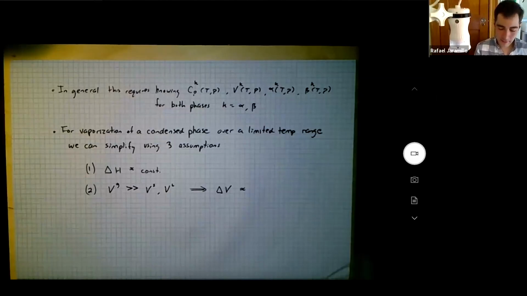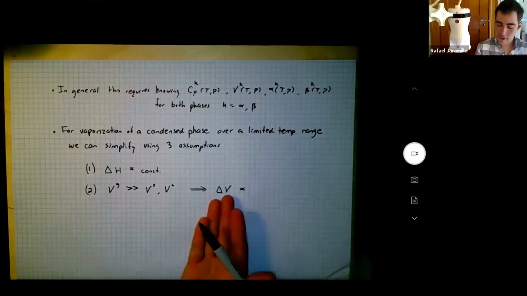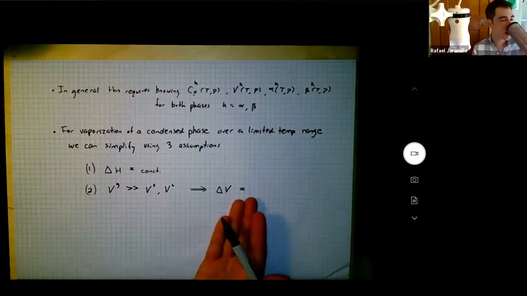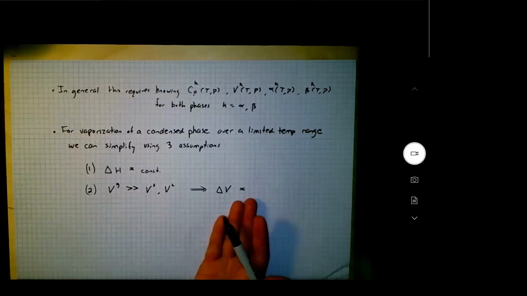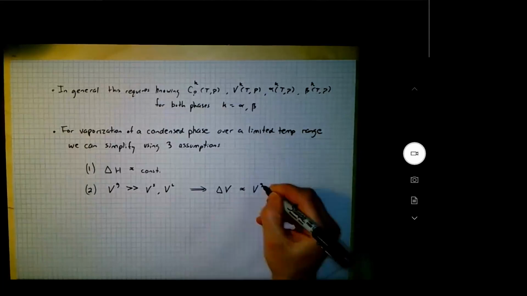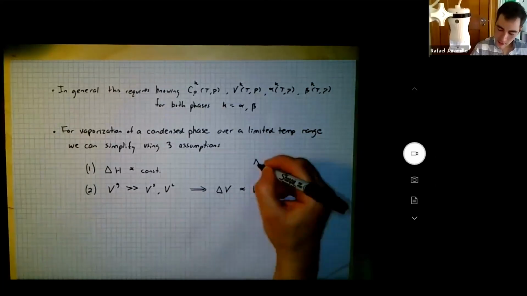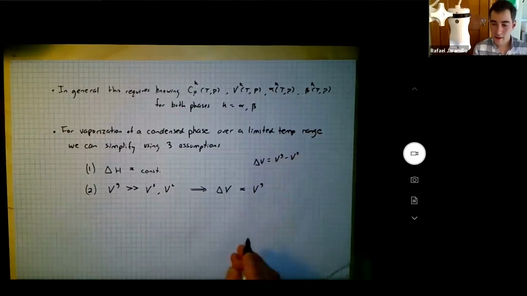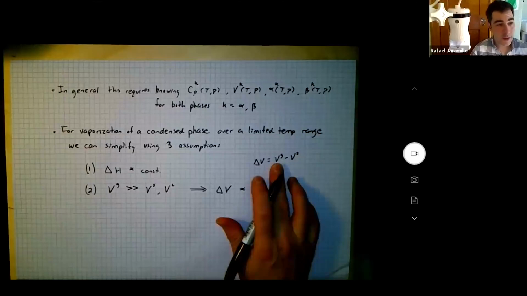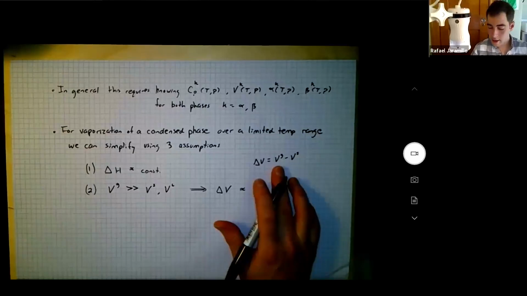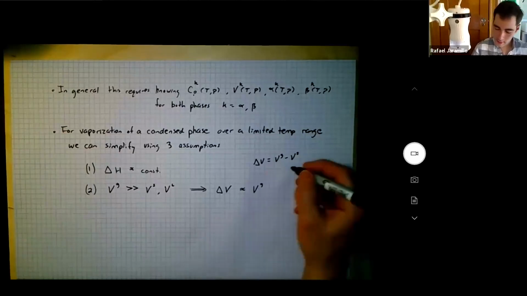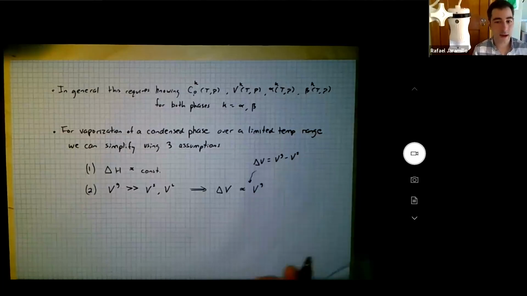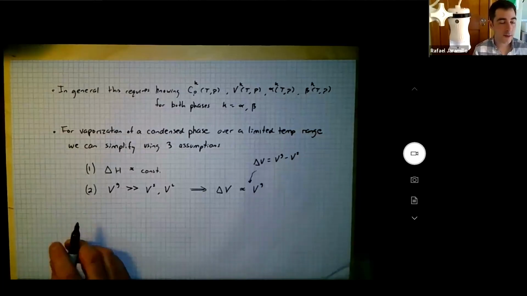I am vaporizing. So delta volume is approximately equal to what? The volume of the gas. Right, exactly. Delta V equals volume gas minus volume solid, and if the volume of gas is so much bigger, we can say it's basically equal to the volume of the vapor.